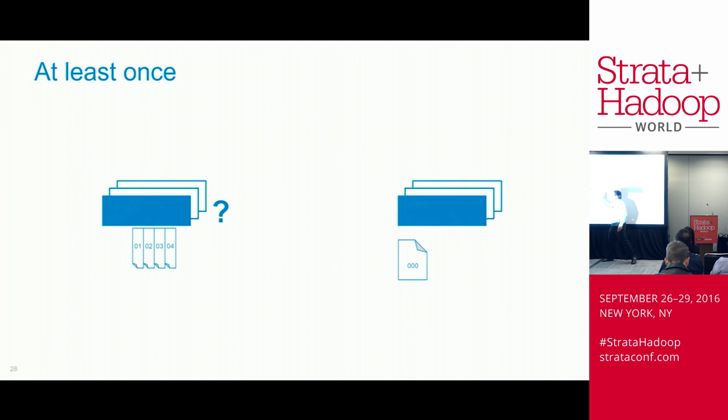I go to say I got it, that fails, or the system goes down. So now I've sent it at least once, but since he didn't know that I got it, I might send it again. So now I can have duplicates. Instead of missing the data, I may have more copies of the data for various reasons.